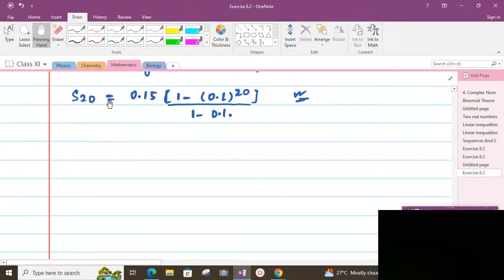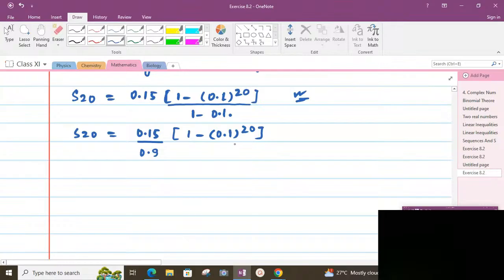So we write down here s20 equal to 0.15 by 1 minus 0.1, which is 0.9, and here will be 1 minus 0.1 to the power 20.